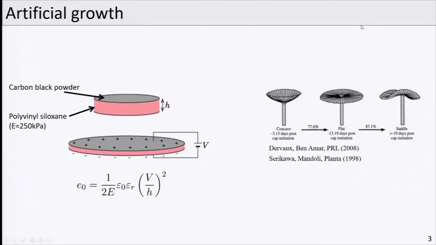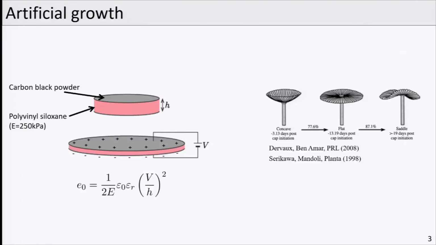And one nice illustration is this algae. At some point, its growth has this concave shape. But since growth occurs mainly azimuthally rather than along the radii, this concave shape flattens, as you can see here, and then takes on this saddle shape.